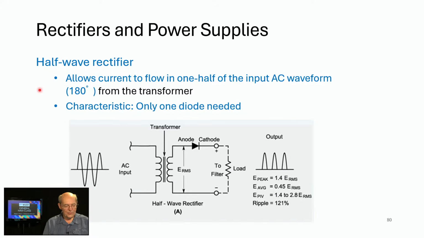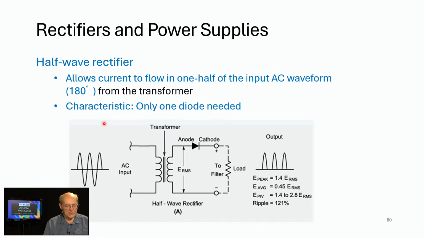So a half-wave rectifier allows current to flow in 1/2 of the input AC waveform from the transformer. So here we have a transformer. Here's the input waveform, 360 degrees repeated. Here's a diode. Remember, the diode conducts in one direction only, so it'll just be conducting the positive peaks in this case.